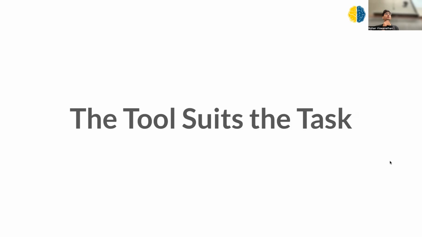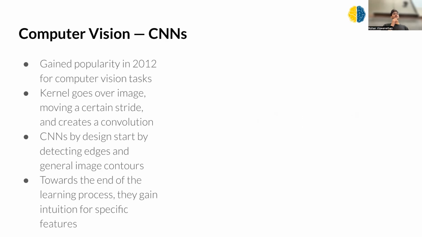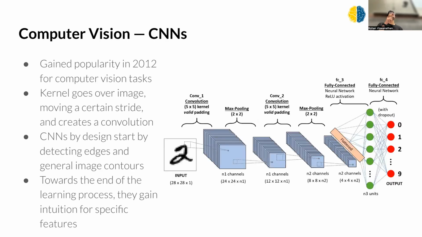We started this course with talking about what a CNN is. This was immediately after our initial deep learning lectures. We know that a kernel goes over an image, it moves a certain stride length, and it creates a convolution, sharing information across the image. If one filter is able to learn something about an image, this is shared across the image and applied to every patch in the image, right?